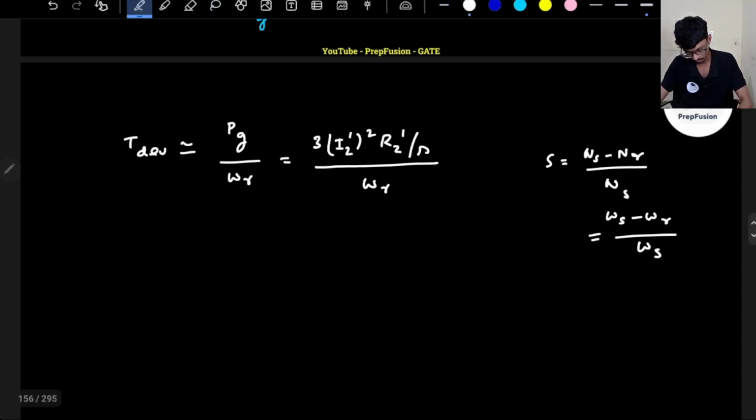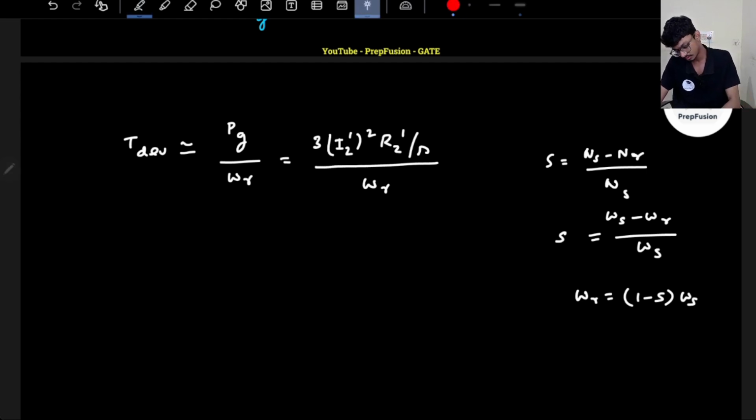So this is my slip. From here I can write omega r equals 1 minus s into omega s. This is one of the relationships.